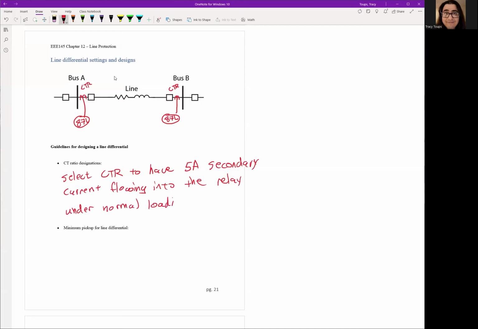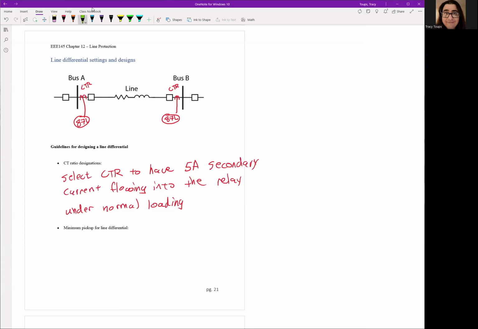So you need to know, what is my typical load current flowing through this transmission line? Is it 500 amps, 600 amps, 200 amps? Whatever that load current is, pick the correct CT ratio to make sure you have up to 5 amps secondary flowing into the relay.